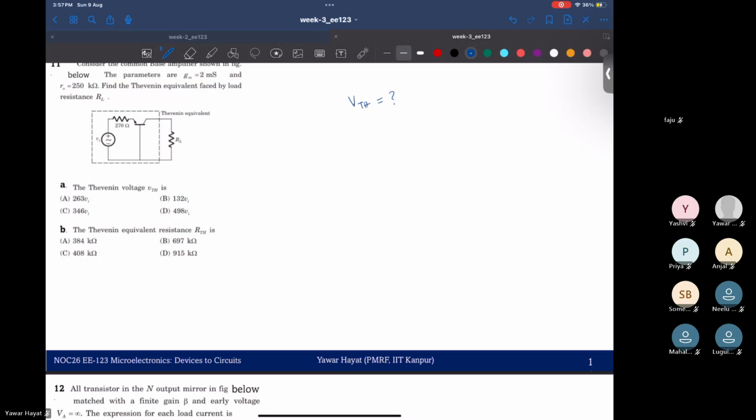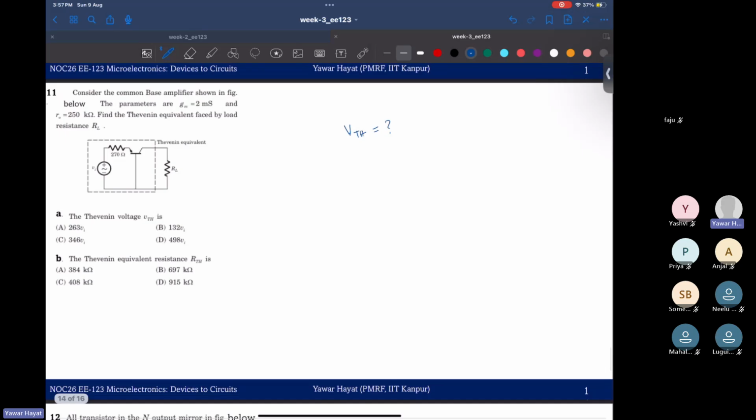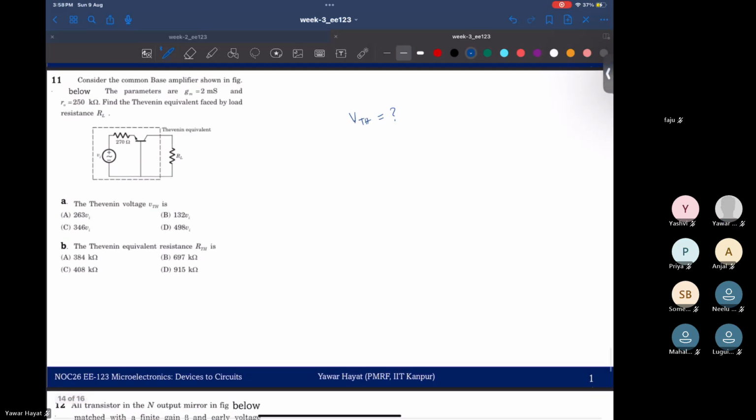Given a network, how do you compute VTH, the Thevenin voltage? We actually already did that in the first question that we solved today.